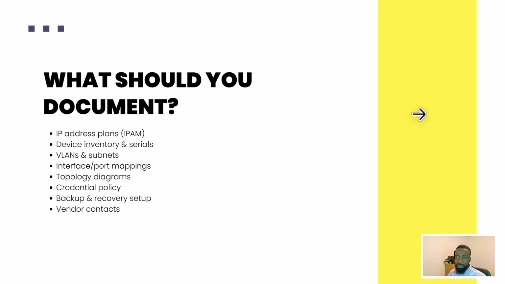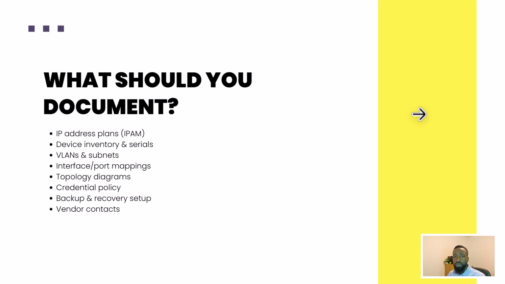VLANs and subnets, interfaces, ports and their mapping, topology diagrams, credential policy, backup and recovery documents. You should also have documentation on how you do backups, how you do recovery, and all of that. And also vendor contacts, very, very important.